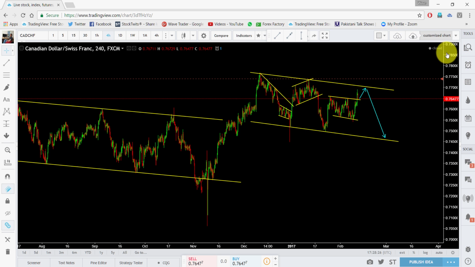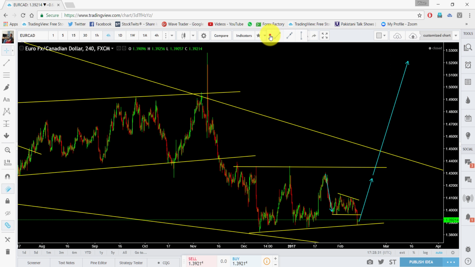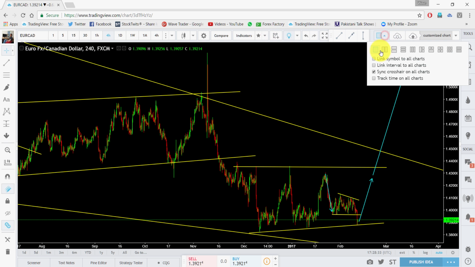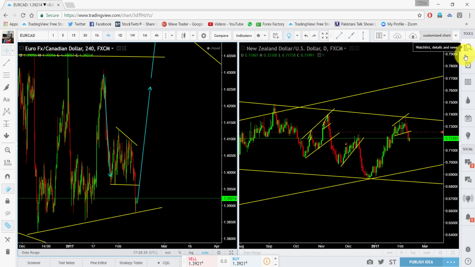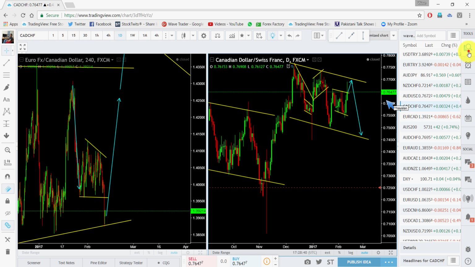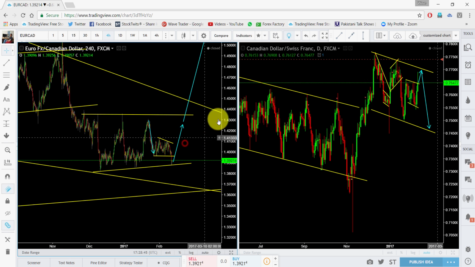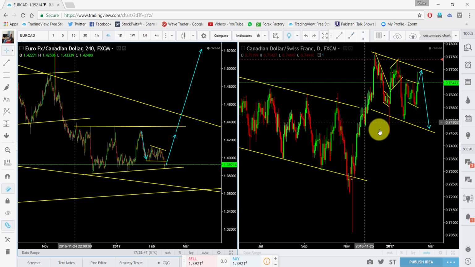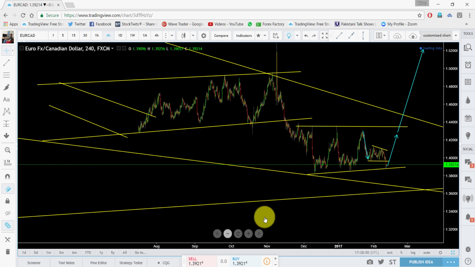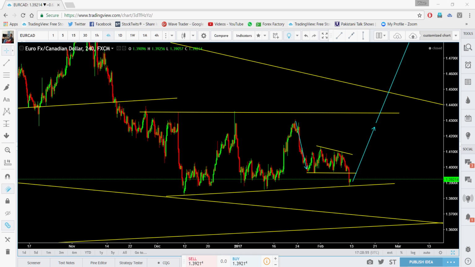The other pair, Euro CAD, is quite similar to this pair. So here is the Euro CAD. We can see a trend continuation pattern was forming over there, and it broke down. We were anticipating a test at this place.